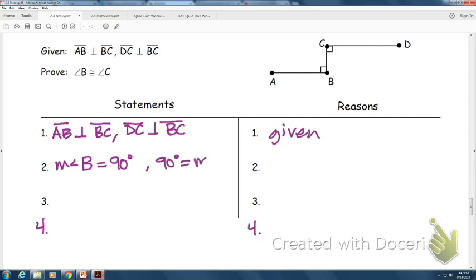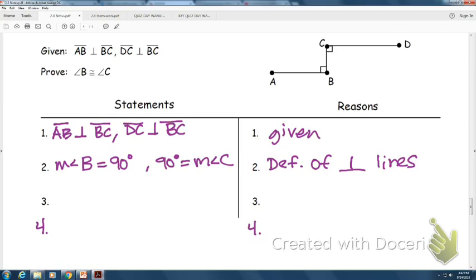Very good. Why is that? Definition of, not necessarily right angles, perpendicular. Okay, so perpendicular lines or segments or whatever are always going to intersect to form right angles. Okay, so that would be our reason.